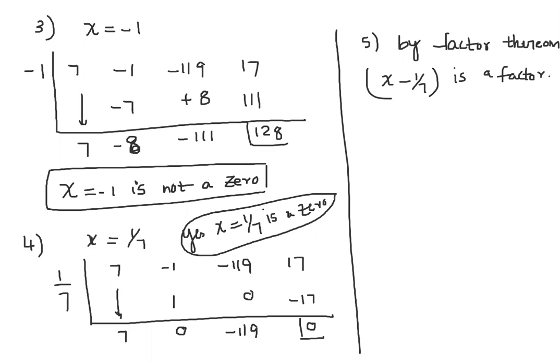So the quotient here is, this is constant, and this is x and x squared. The quotient is also a factor. The quotient, which is 7x squared minus 119, is also a factor.